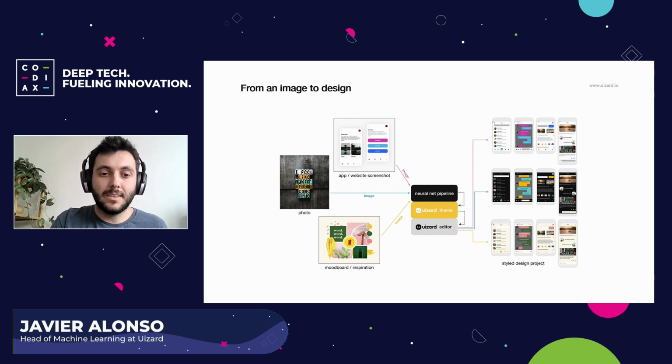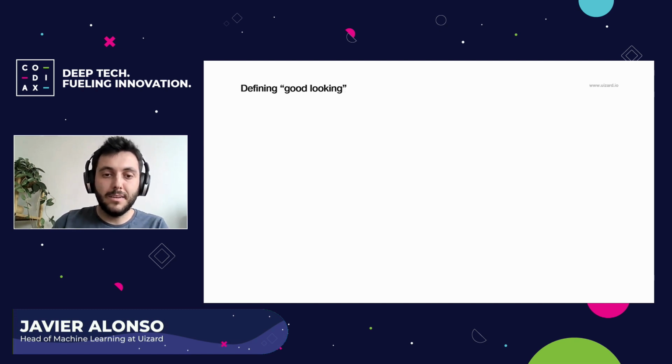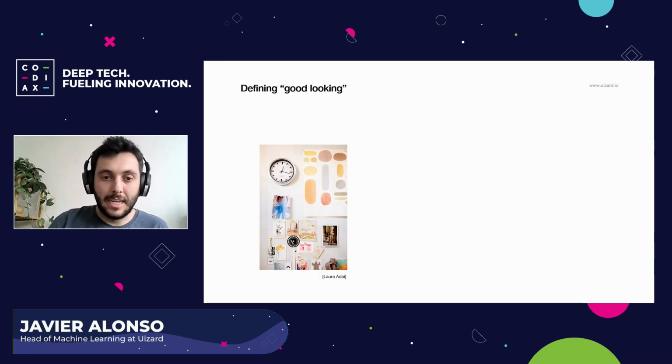But in order to create this test set, first we need to define what this good-looking target is that we are aiming for. And let me give you an example of something that our test sets could look like. Let's say that this is an input that we will get, and then we need to define our target label for it.